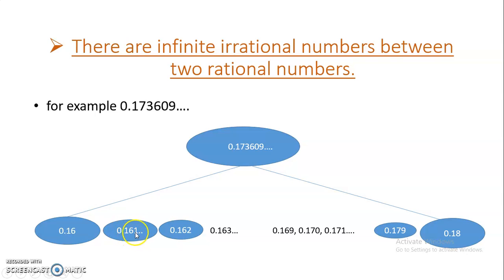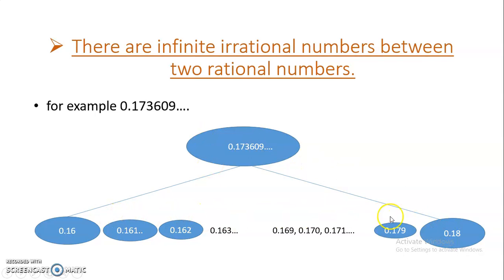They can be 0.161, 0.162, 0.163, and this will go on to 0.169, then 0.170, 0.171. This will go till 0.179, and then 0.18 will come.